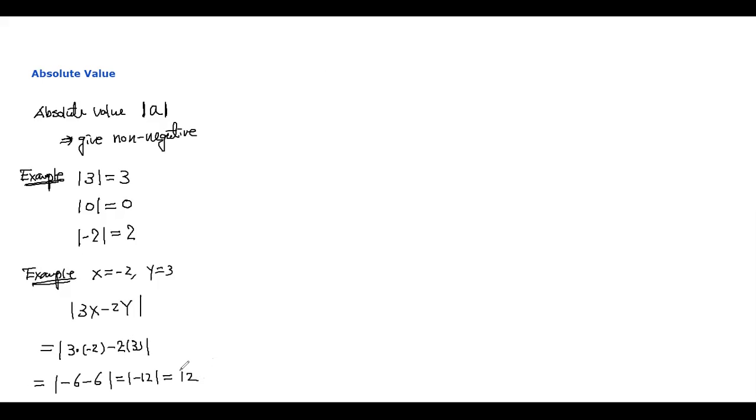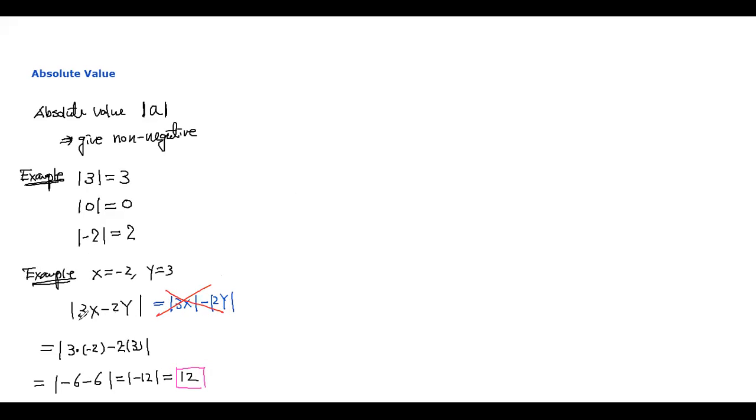Be very careful. When you have an absolute value function, you do the operations inside the absolute value first, and the last step is to take the absolute value. One common mistake students make is to say, oh, I can do this as 3x minus 2y, breaking the absolute value apart. Can we do that? No, we cannot break the absolute value like that.